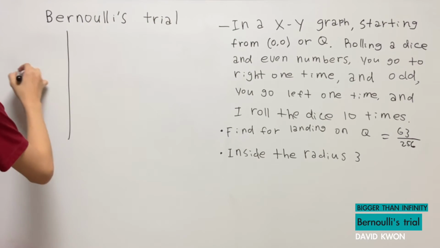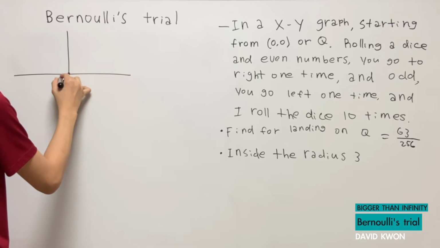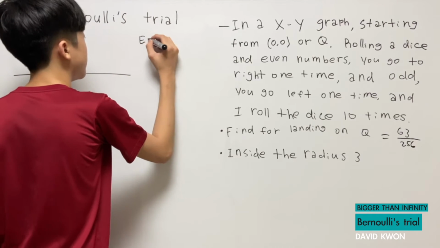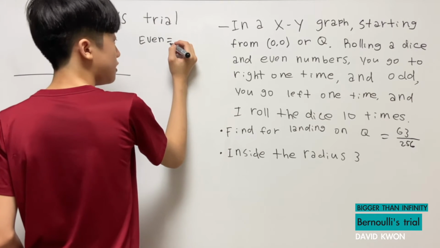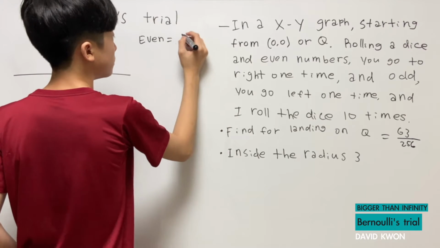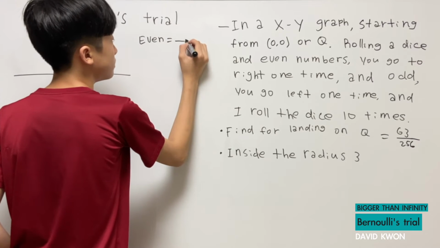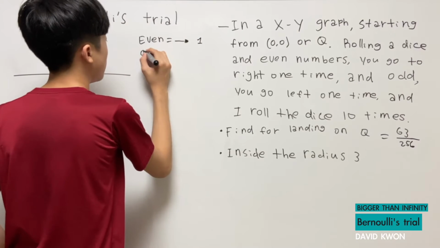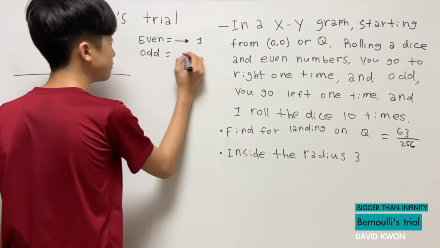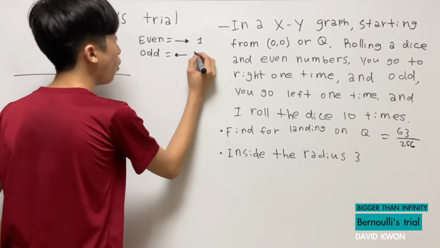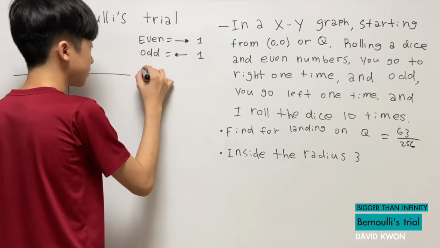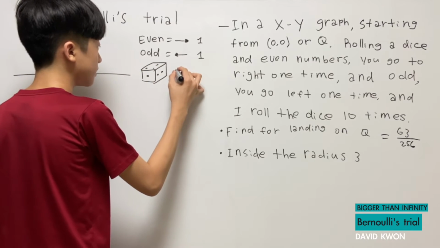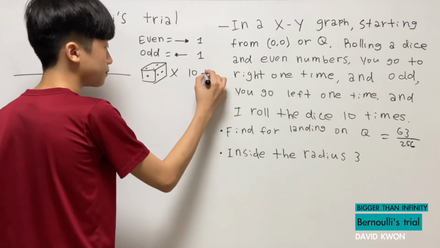We have the XY graph, and this was the point Q. I just erased some stuff that I shouldn't have for some reason. Even is equal to right 1 time, and odd was meant to go to left 1 time. And I roll the dice 10 times.